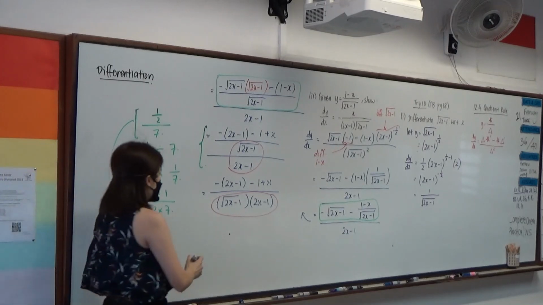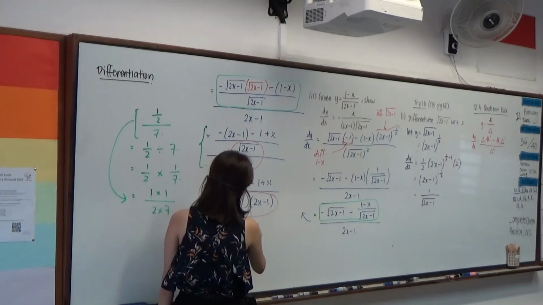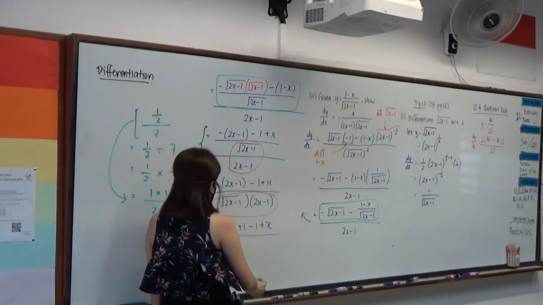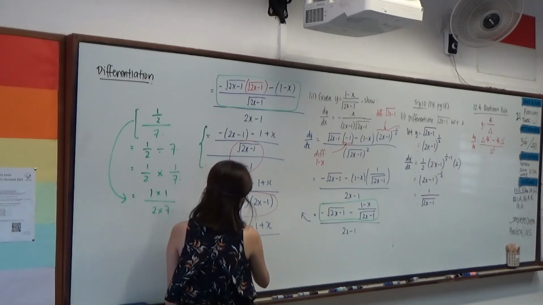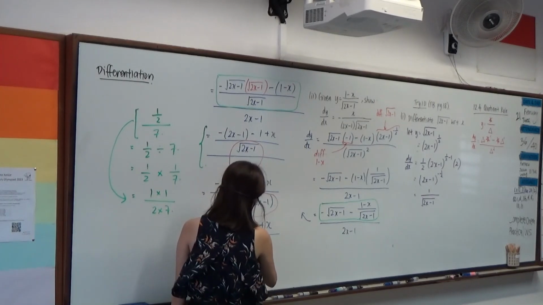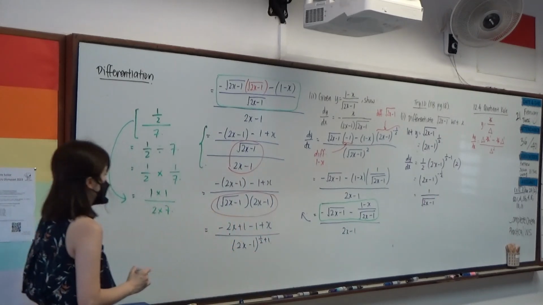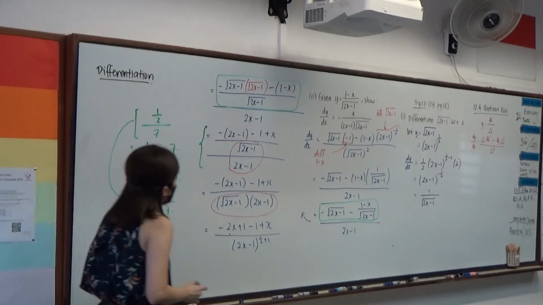Then continue to simplify. So numerator: minus 2x plus 1 minus 1 plus x over, this is power half, this is power 1, it is the same as 2x minus 1 to the power half plus 1. Wait, we don't need to do that, right?